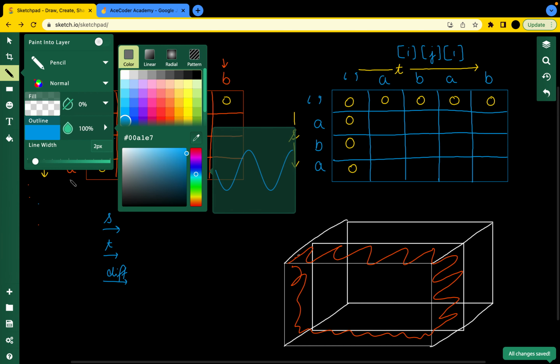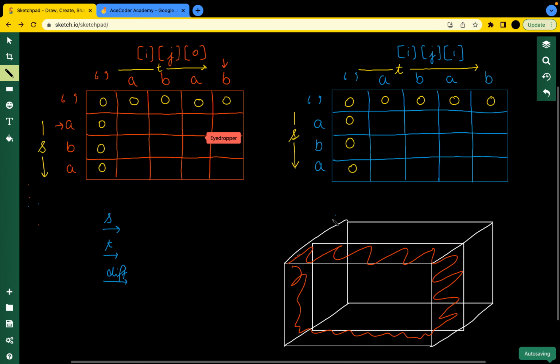And what does this blue array represent? It is the second layer of the three-dimensional array.